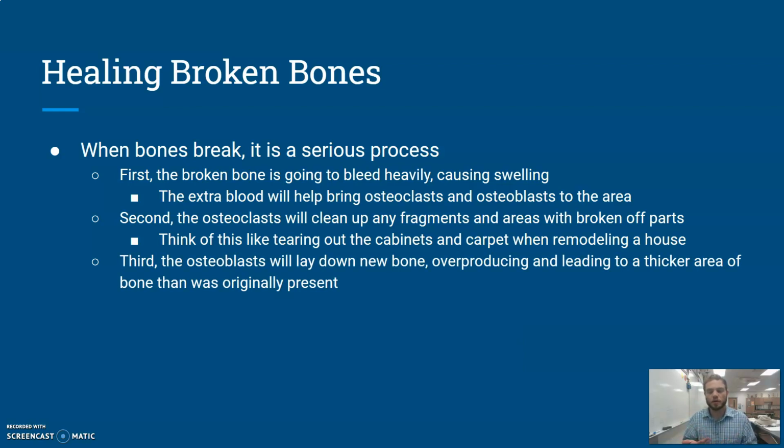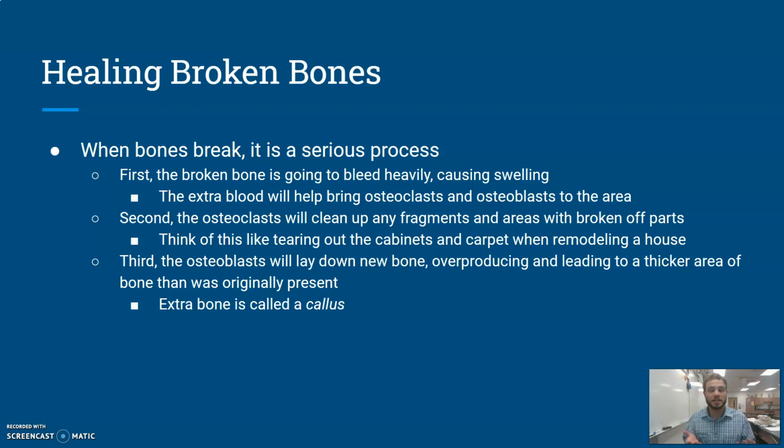So there's going to be some cartilage, there's going to be some differentiation into bone cells, but once all the old has been pulled out, osteoblasts can go in and they're going to deposit new bone. Usually when you deposit that new bone, they're going to overproduce and they're going to form what's called a callus, which is basically just a thickened area of the bone where that break used to be.